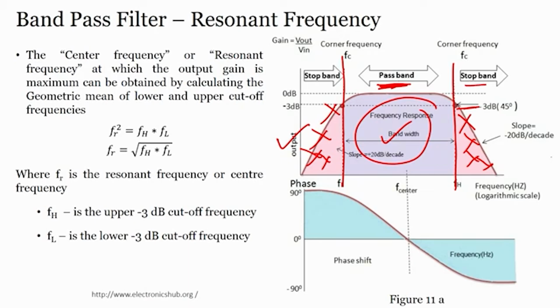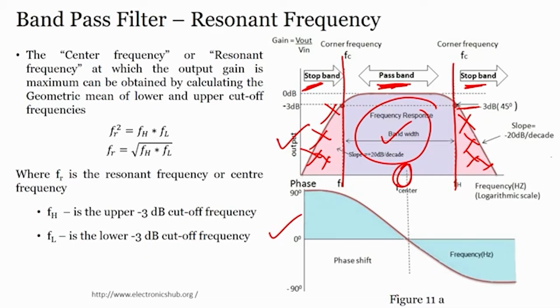This is not allowed, the stop band, corner frequency or FC, this is the central frequency. If you consider phase, then you will have a phase shift like this, shown here with respect to the center, with respect to FL, with respect to FH, alright.